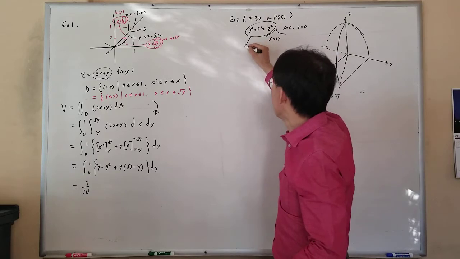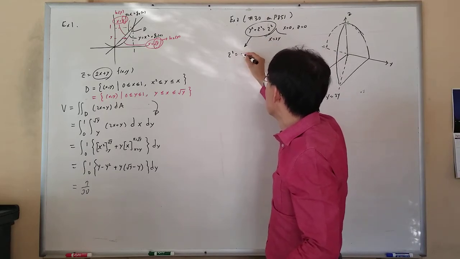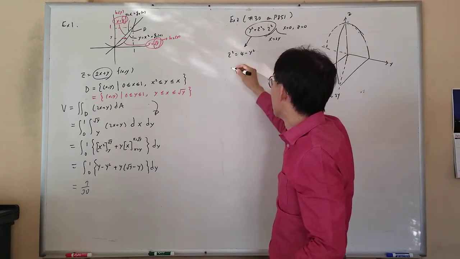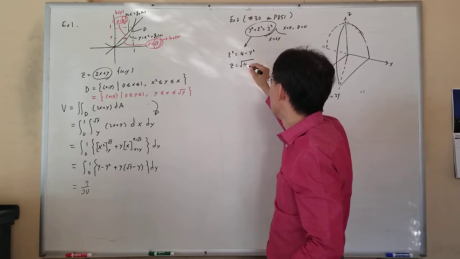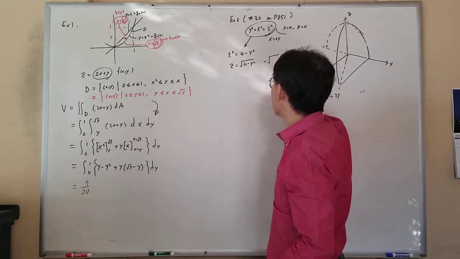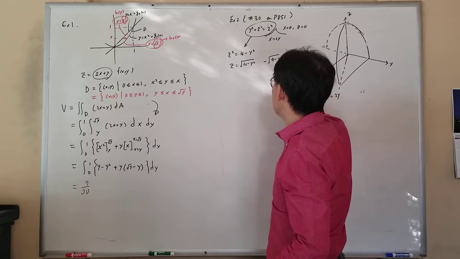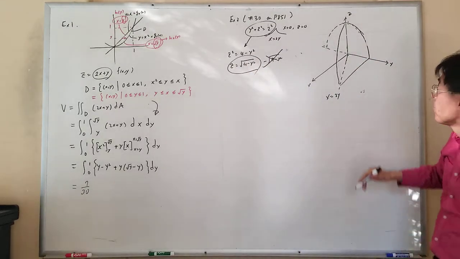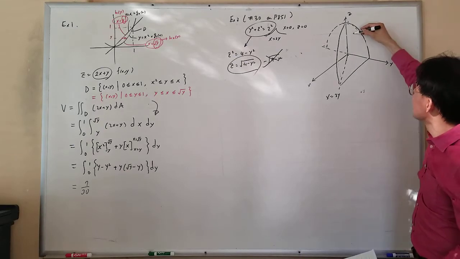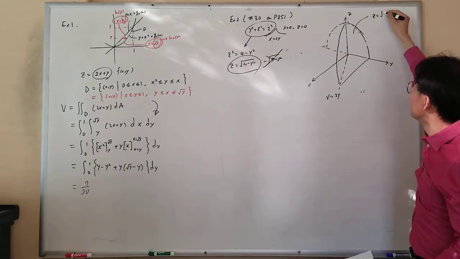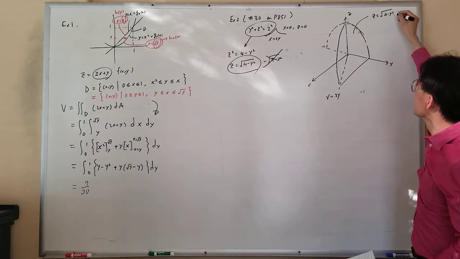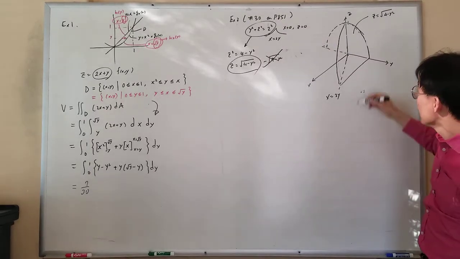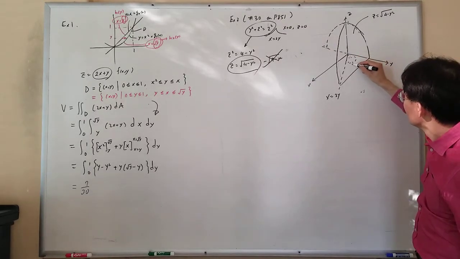You know, when you solve for this, z is equal to the square root of 4 minus y squared or minus the square root of 4 minus y squared. But our case is above the xy plane. So this is the top surface, square root of 4 minus y squared. And this is the bottom.